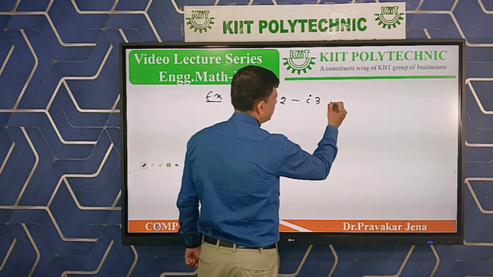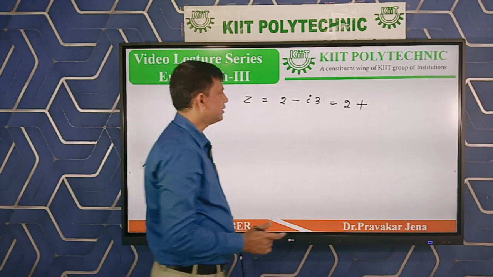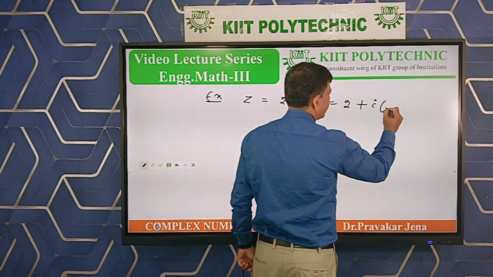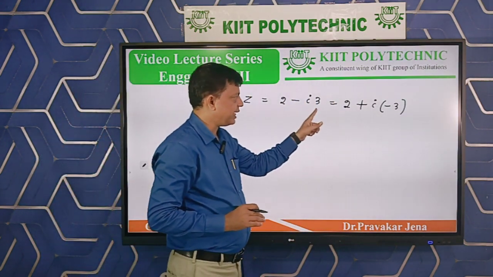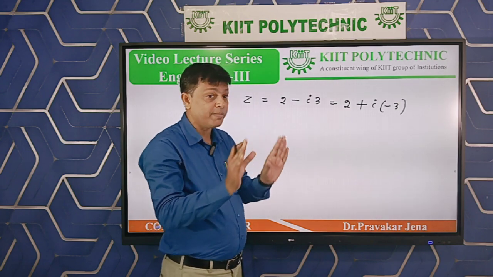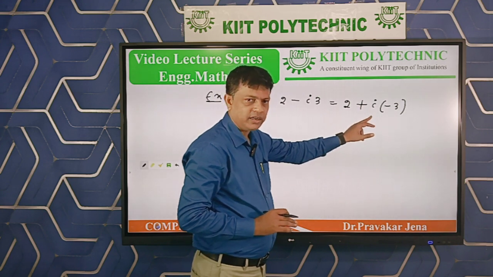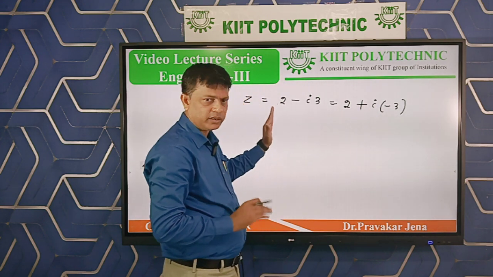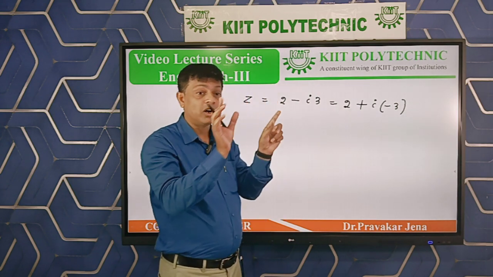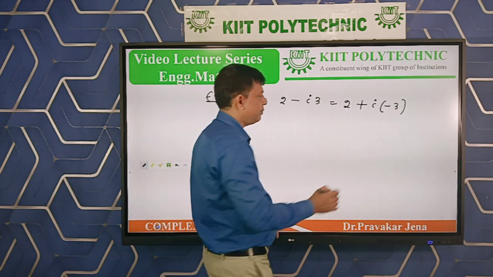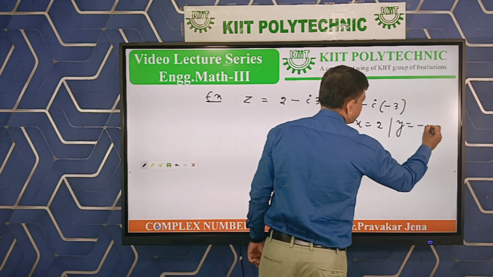First you take 2, the real part, then you take the plus sign, then you take i, then you take the y part. This is very important. So how to make 2 minus i3 in the form of x plus iy? This is 2 plus i, then minus 3. First you write the real part, then the plus sign, then i, then the y part. It may be positive or negative. That means here x equals 2 and y equals minus 3.